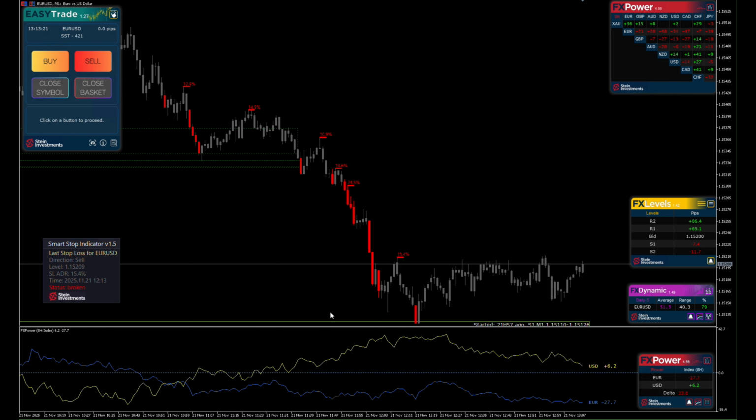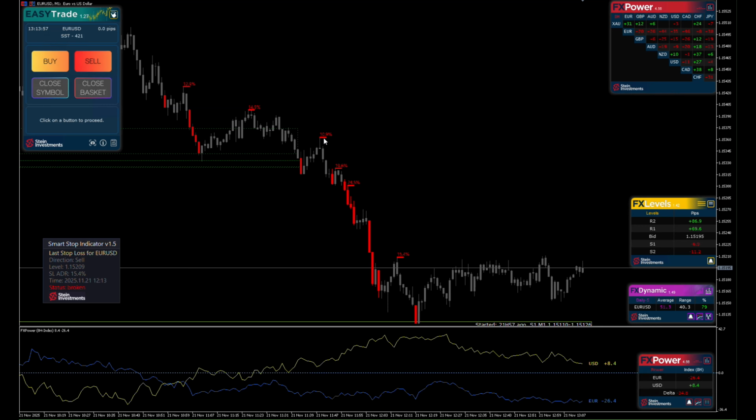Here is an example of how the Smart Stop indicator fits in my personal trading setup. I'm using our tool Easy Trade to open the positions. I'm using FX Power, in this case a single instance with an 8-hour market data analysis, and you can clearly see how the euro dropped here below the US dollar, indicating weakness for the euro, and then it's worth considering trading opportunities with these tight stop losses.